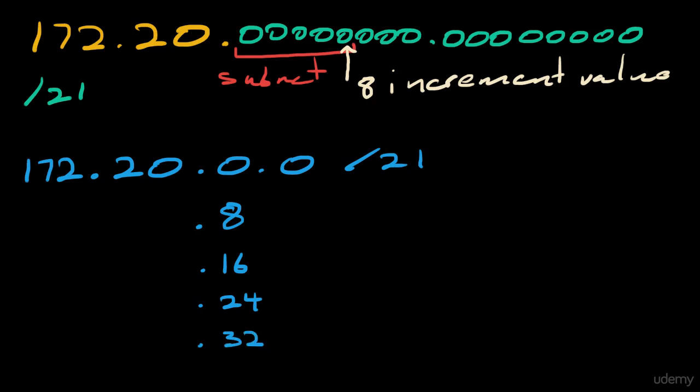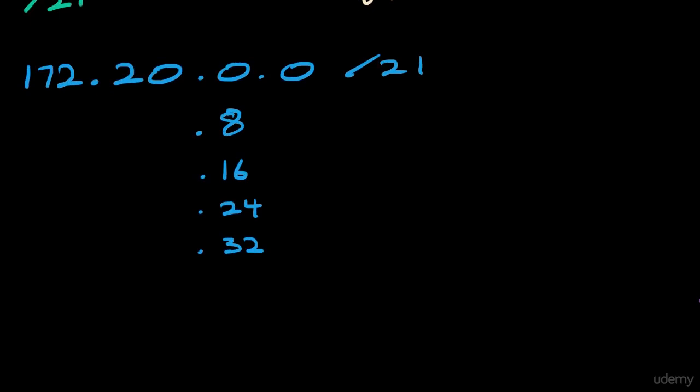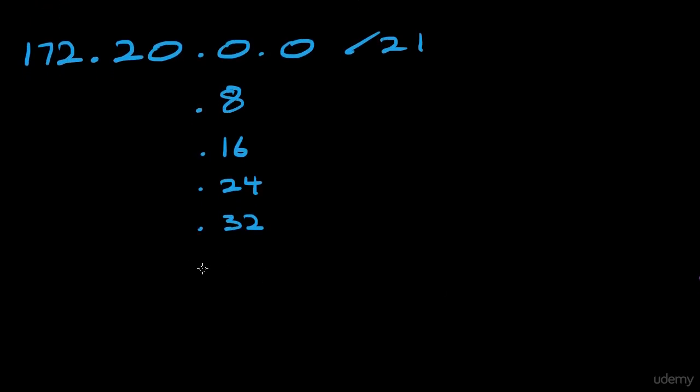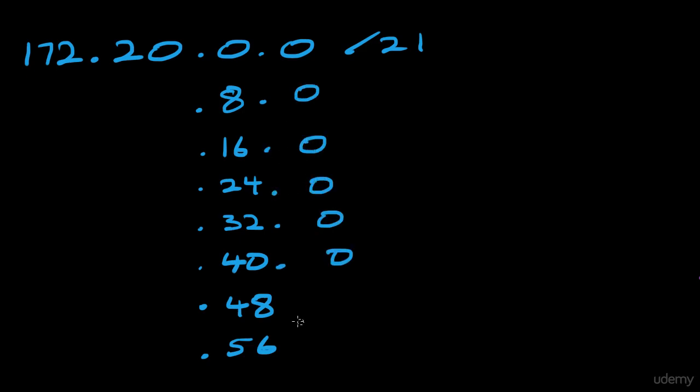Let me scroll down here a bit. .40, .48, and I'll stop at .56. So let me just complete the last octet here. And let's go back and look at the IP addresses.